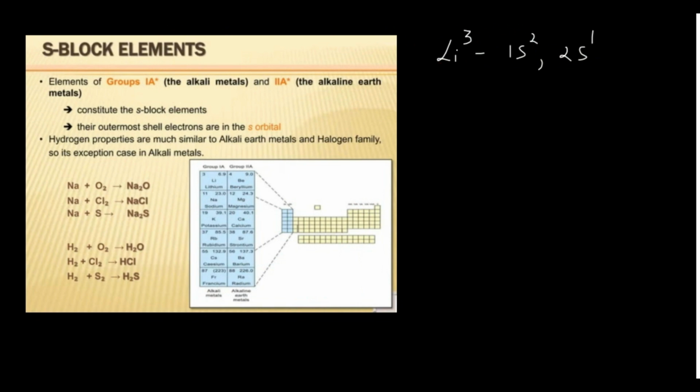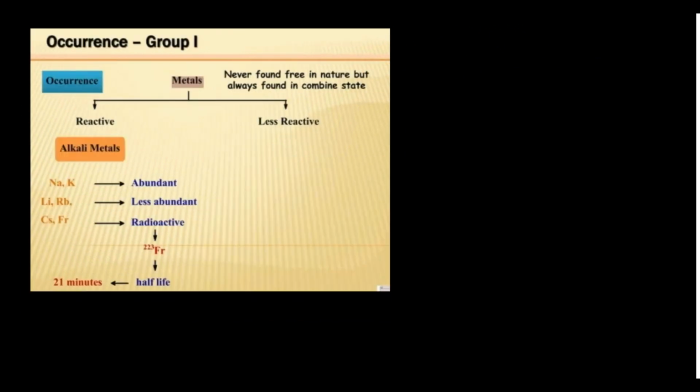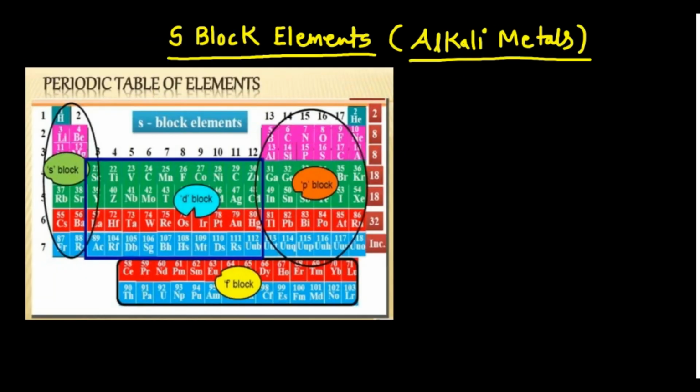Similarly, if I go back, at the right end you can see here the P block elements. Here you can see 1, 2, 3, 4, 5, 6. So a total of 6 groups are there when you talk about the P block elements. And why is it so?